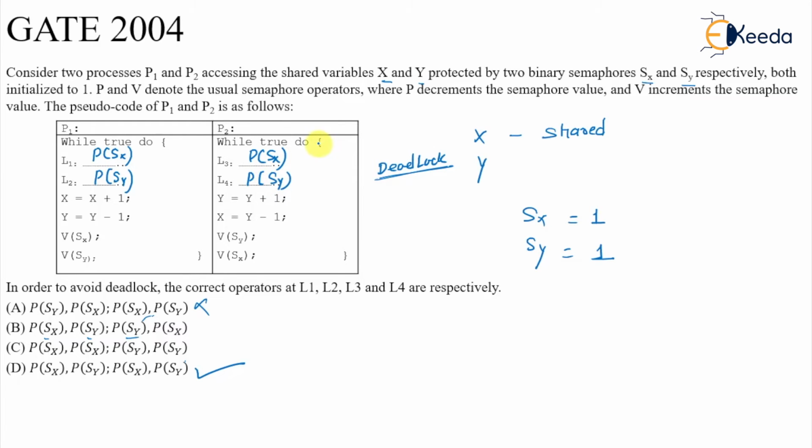Now both are checking X. So if this one is successful, that will go to this statement, and one of them will definitely get stuck. It will access it, and then it will signal Vx. Then look here, Sy, if it is decremented, fine. Otherwise this Vxy will definitely execute and it will admit. Answer D is correct in this.